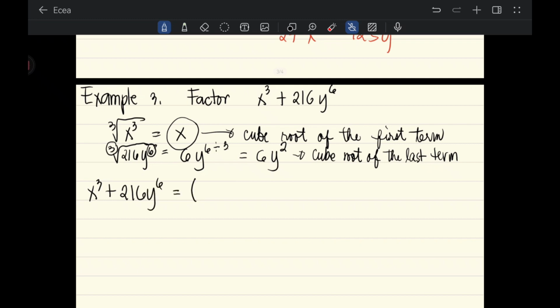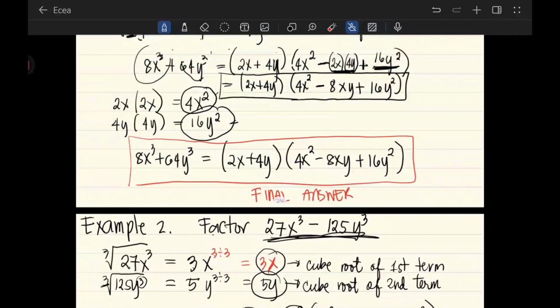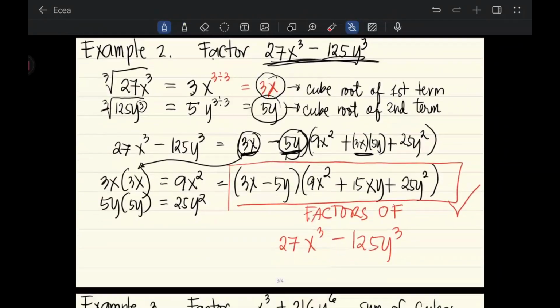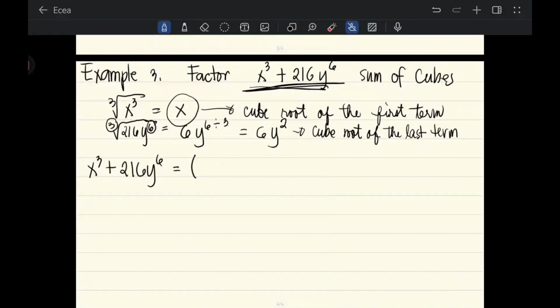Now, this is what we call, kaning ato ang given, the sum of cubes. So, ang atong i-follow nga formula is the first one kani. X cubed plus y cubed is equal to, this is positive and negative and positive. So, those are the signs.